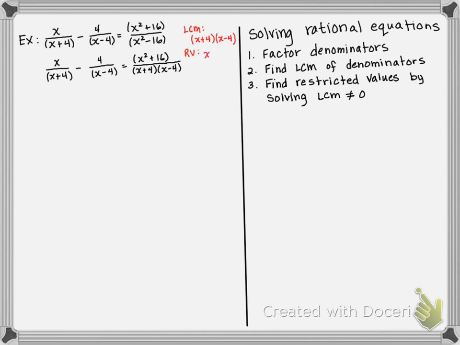So in this case, x cannot be -4 or 4. Because if I did x plus 4 times x minus 4 is not equal to 0, we solve that the same way we solve an equation, just the symbol is different. And we get x is not equal to -4, and x is not equal to 4. So far, so good?